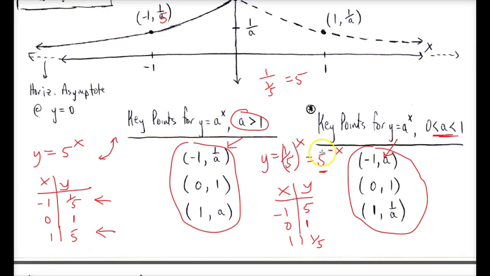But then when we go for the case of when our a is in between 0 and 1, or if we have a negative exponent, you see we have high y value, low y value. And that's the main difference in between the two. And so we'll get some more practice here on the next page with this, but essentially just knowing that key points when x is equal to -1, 0, and 1, and then just plugging in your value for a accordingly will give you the points that you need for your graph.